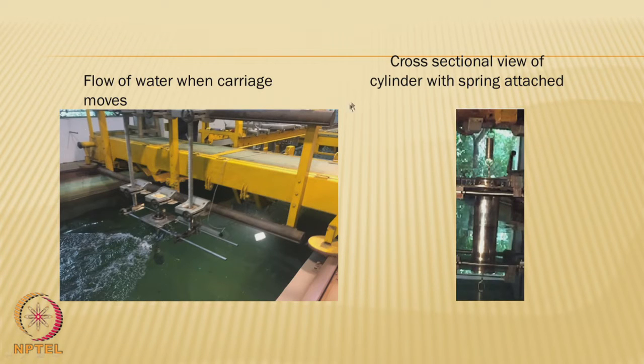The photograph on the left hand side shows the flow of water when the carriage moves. You can see here very interestingly the shedding frequency happens at the trailing side of the cylinder on the surface, where the flow separation is expected to take place. The right hand side picture shows very clearly the cross section view of the cylinder with a spring attached to the cylinder.